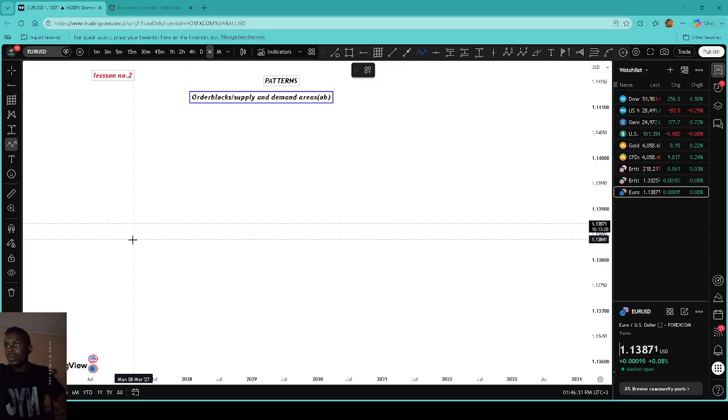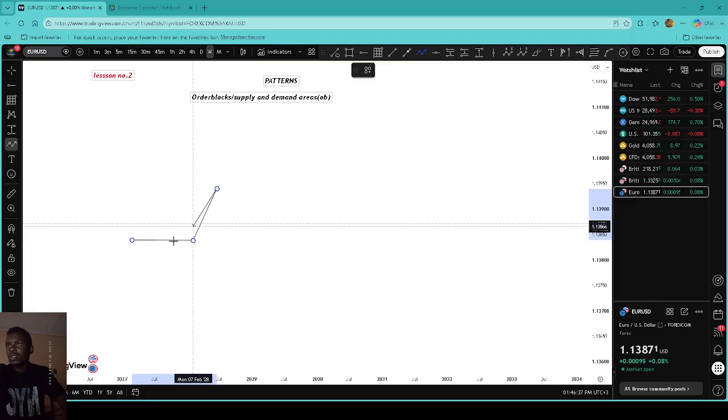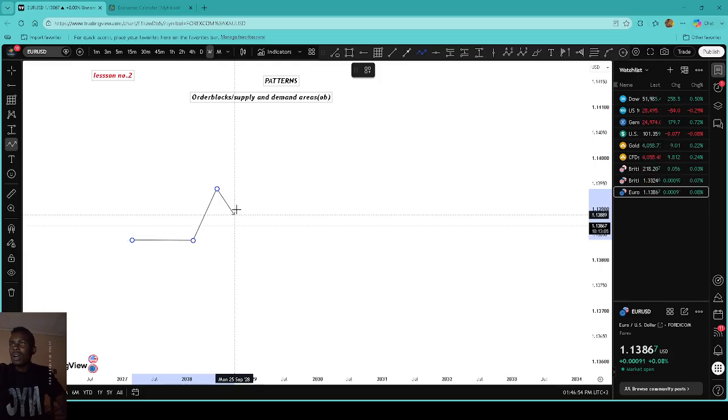For example, this is where price was, and then it pushed up. So this one is considered as our order block. Why? Because this is where price pushed up from. So this is where the demand was from.